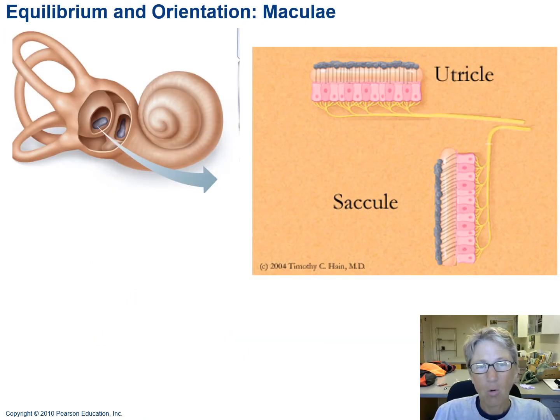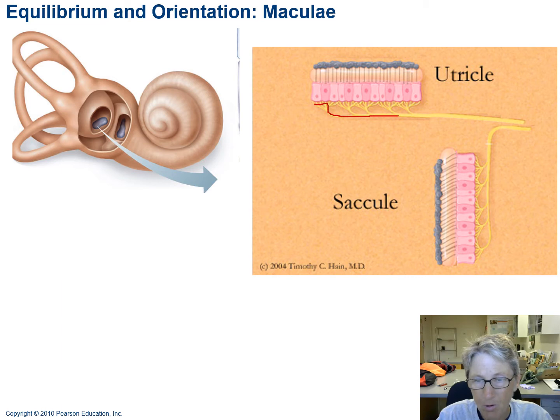So let's look at the orientation of the maculae within the utricle and saccule. Here's how the utricle is oriented. Here's the yellow, remember, that's the vestibular nerve, and the hair cells are here with their stereocilia and their kinocilium.